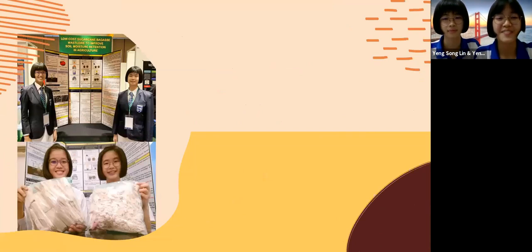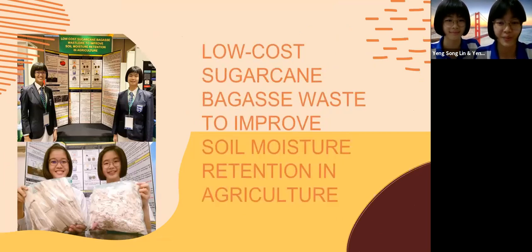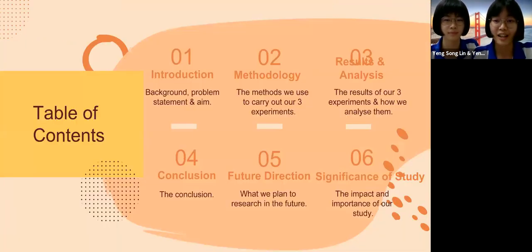So today, we are very excited to share with you all our project, which is the low-cost sugarcane bagasse waste to improve the soil moisture retention in agriculture. Now, this is the overview of our presentation.